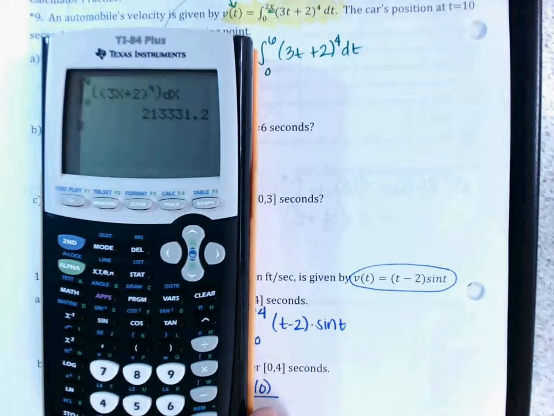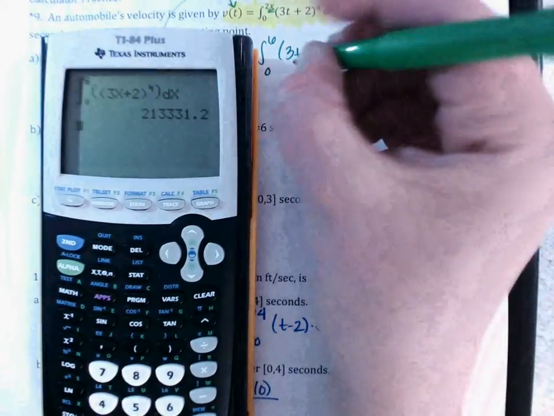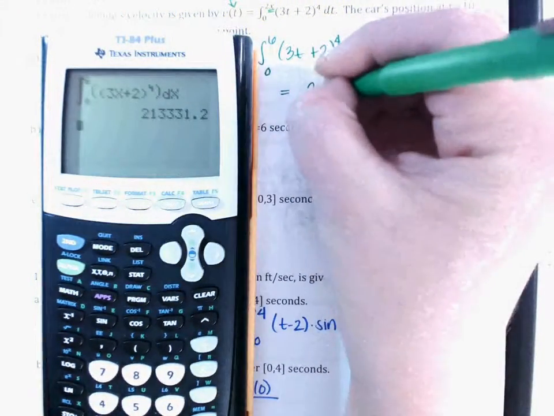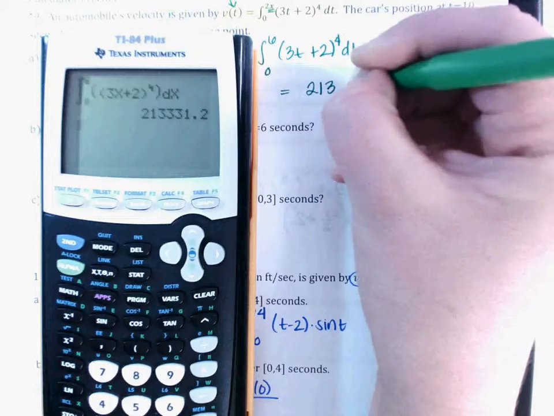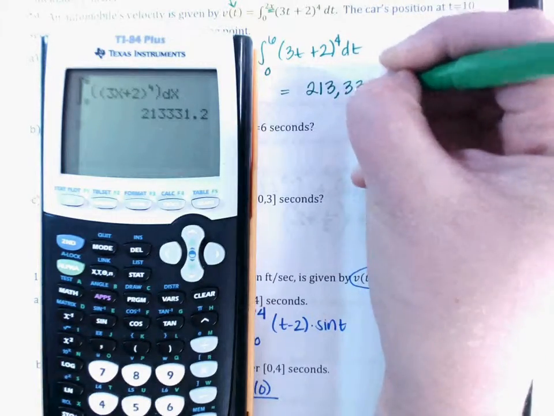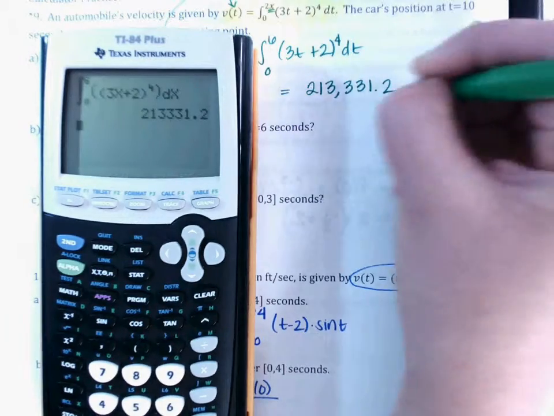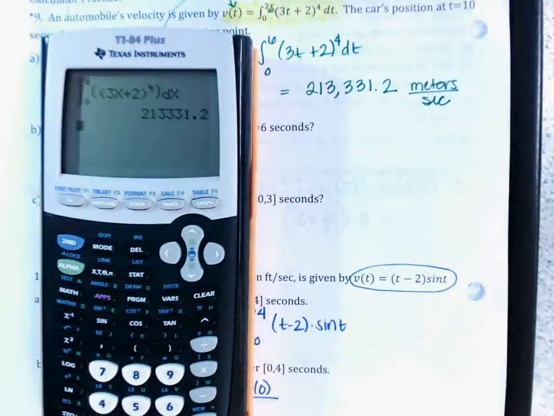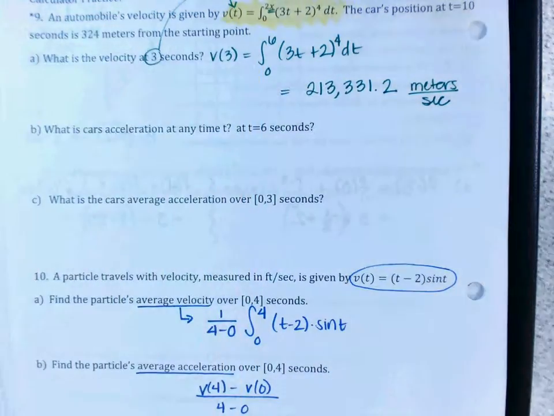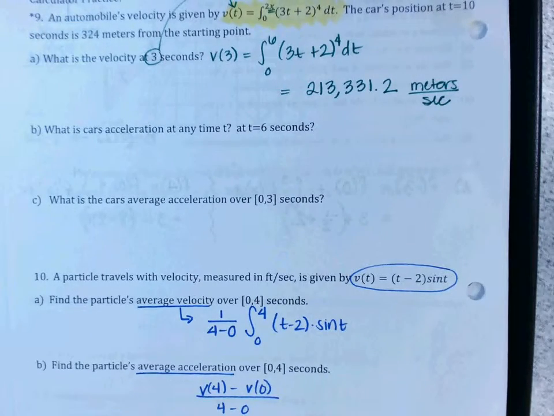Okay, you type it in and you get 213,331.2, and that would be meters per second. Okay, so obviously that doesn't really make sense in terms of it being a car's velocity, but just pretend, okay?